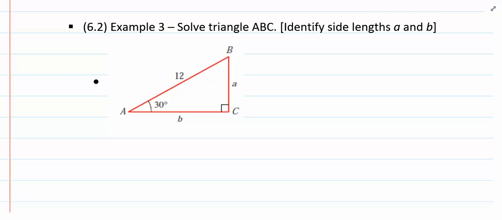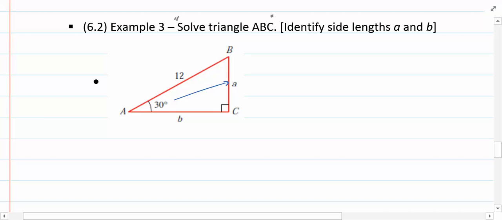Another type of problem that you'll see this week as we move forward is a problem asking us to solve the triangle. Solving a triangle simply means to identify the side lengths for a and b in a right triangle if we have at least one angle measure given to us. Using this angle measure, I'm going to think of my trigonometric ratios, and I'm going to start by solving for lowercase a.